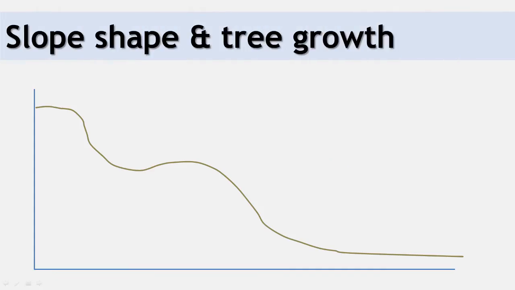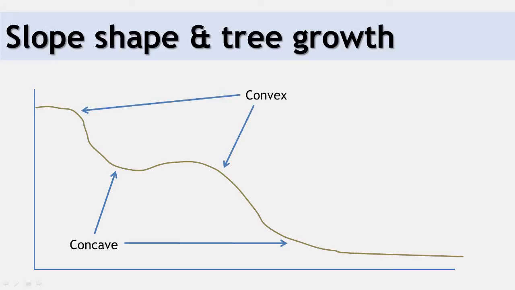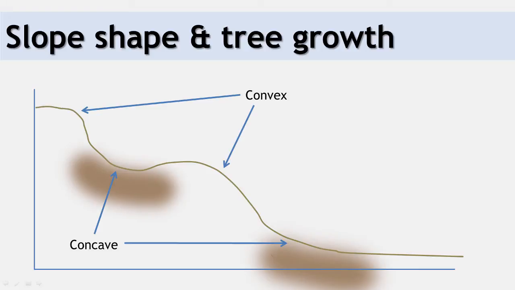Slope shape also influences tree height growth. As a slope undulates, its shape may be either concave, sloping inward like a bowl, or convex, sloping outward. Like lower slopes, concave-shaped slopes experience less erosion, hold more moisture and nutrients, and tend to accumulate soil. Trees will grow taller here.